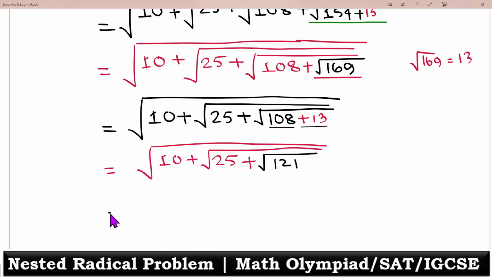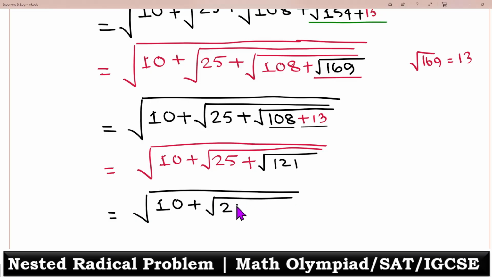Okay, then root 10 plus root 25 plus this is 121. Look, 121 is a perfect square which is 11. So we can write in here what? 11.